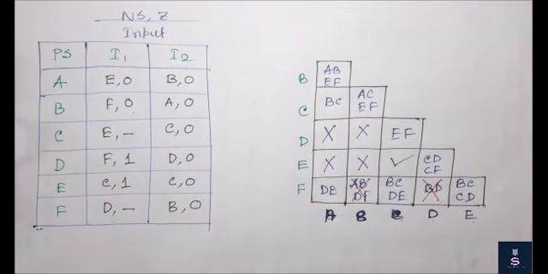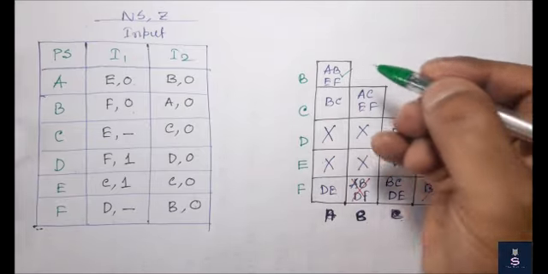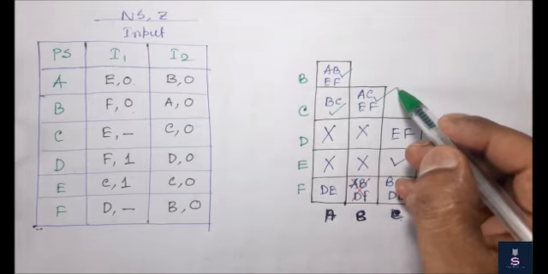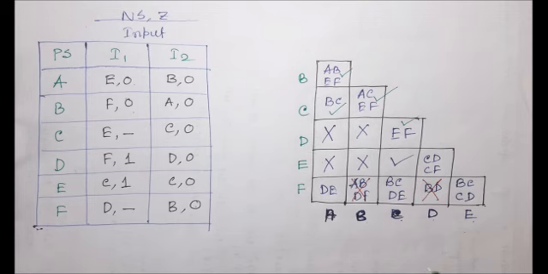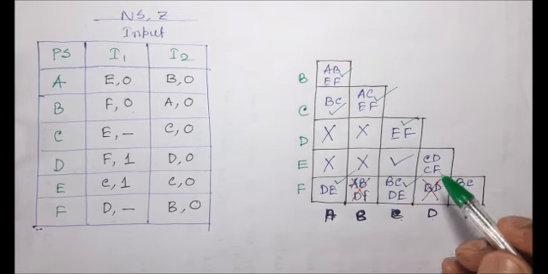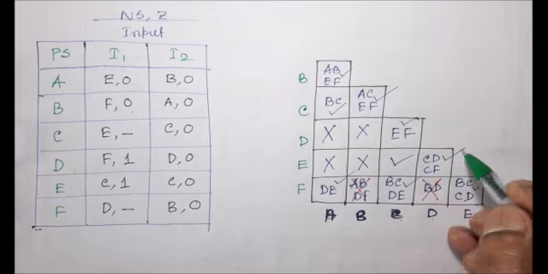So we have AB, EF, so AB, so no problem. So EF, that is BC is also correct, AC is also correct, this one EF is correct. Okay, DE is correct, this one is also correct, and this one also correct. So CDEF, that is also correct.